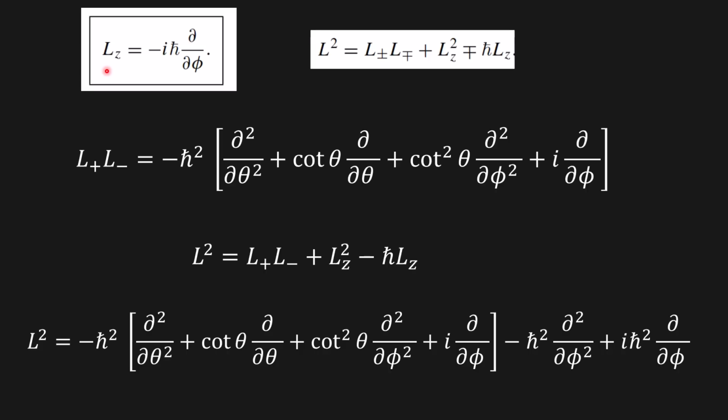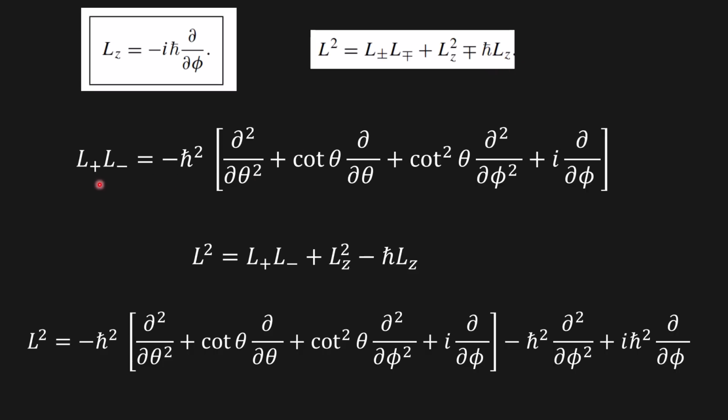We know by definition Lz is equal to minus i h cross delta over delta phi, and we have seen this expression also: L squared is equal to L plus or minus into L minus or plus, plus Lz squared, minus or plus h cross Lz.